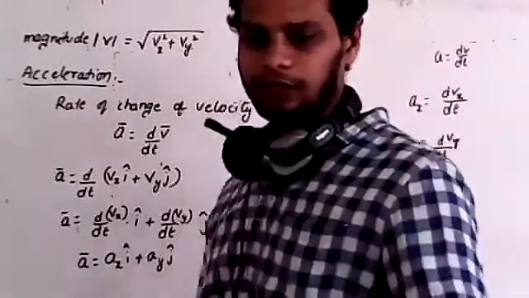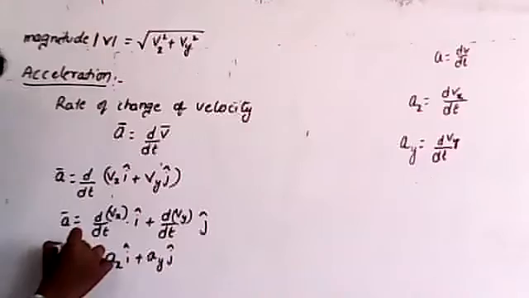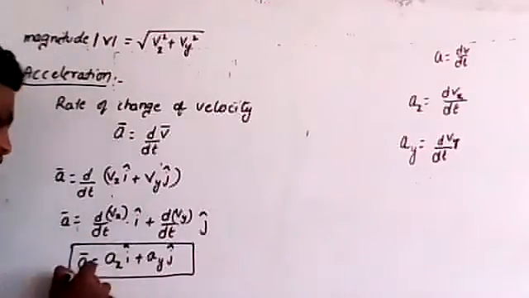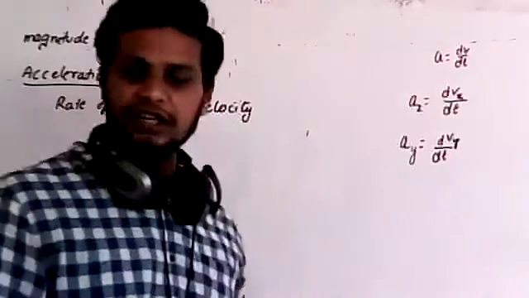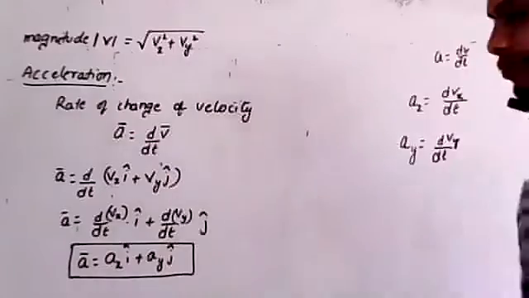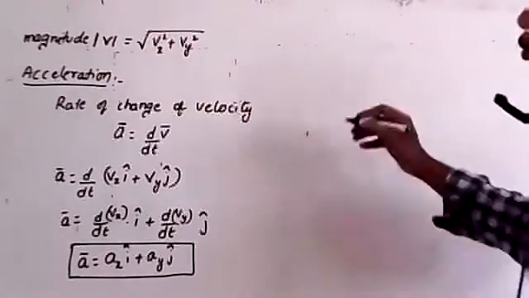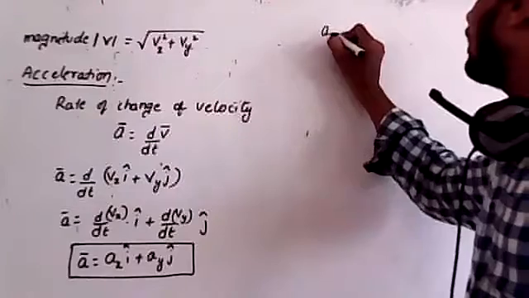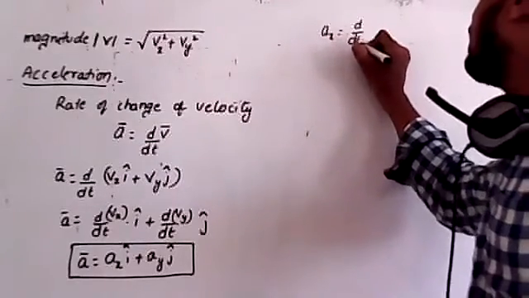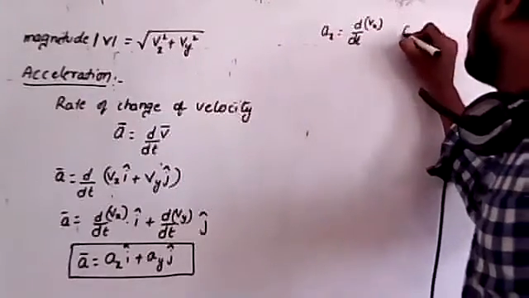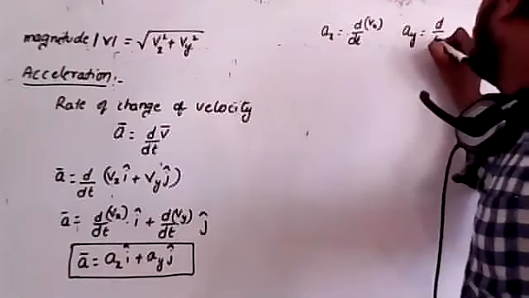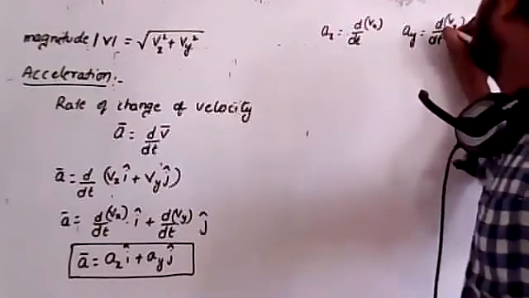Okay, don't be confused. Now this is the acceleration in terms of two-dimensional vector, where ax is equal to d by dt of Vx, and ay is equal to d by dt of Vy.